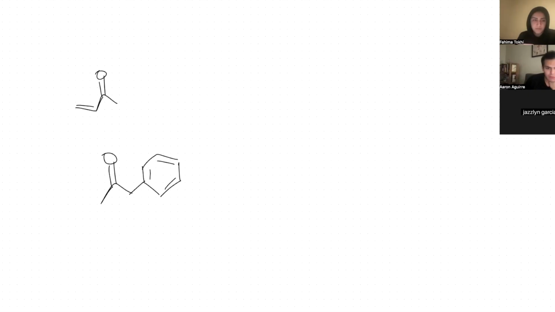So for this, if I move this bond down, it doesn't have anywhere to go. You're saying if they were to move this to a double bond like here, and this is positive, right?